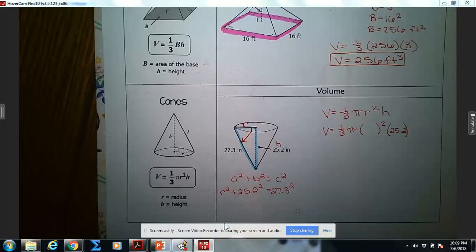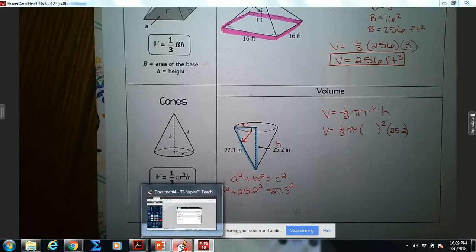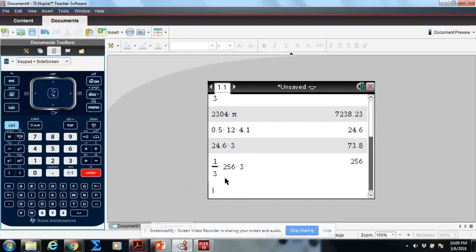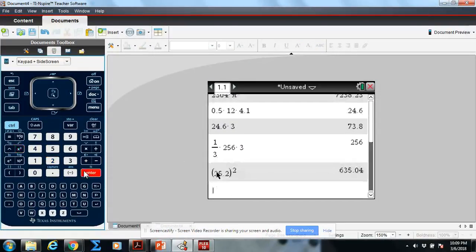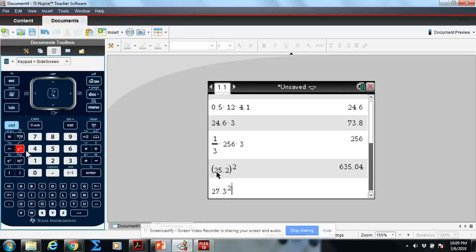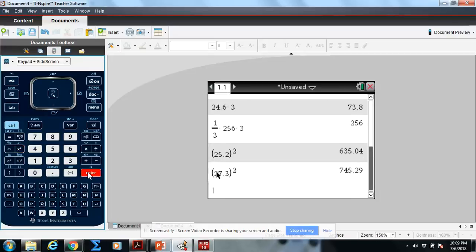All right, using my calculator, I'm going to square these. 25.2 squared is 635.04, and 27.3 squared is 745.29.